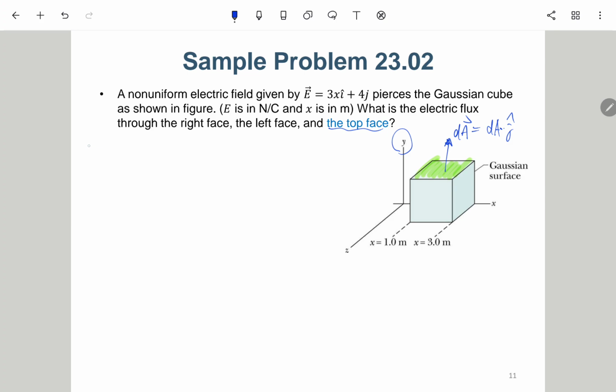Similarly, we can calculate the integration of E dot dA for the top surface. Here we have the integration over the T surface of 3x i hat plus 4j hat dotted with dA j hat.